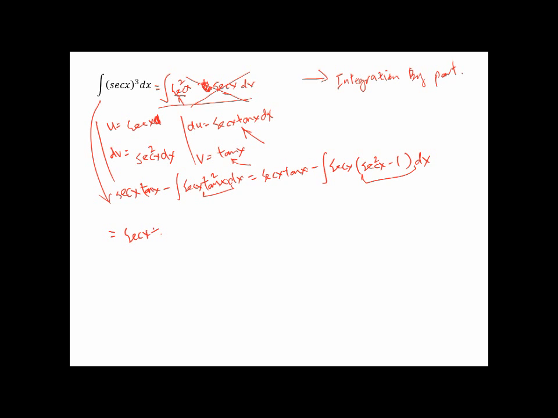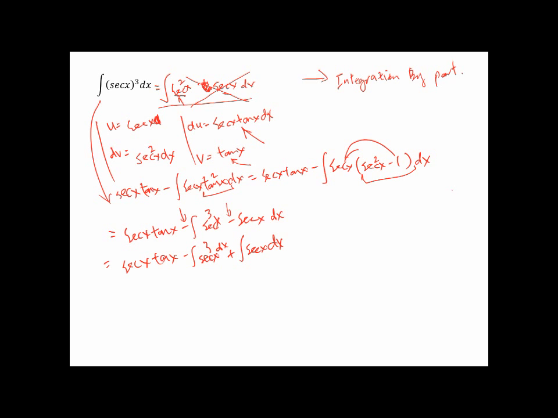Secant x tangent x minus, multiplying this in, the integral of secant x cube minus secant x dx. Separate it out, equals secant x tangent x minus secant x cube plus secant x dx. Okay, negative and negative.